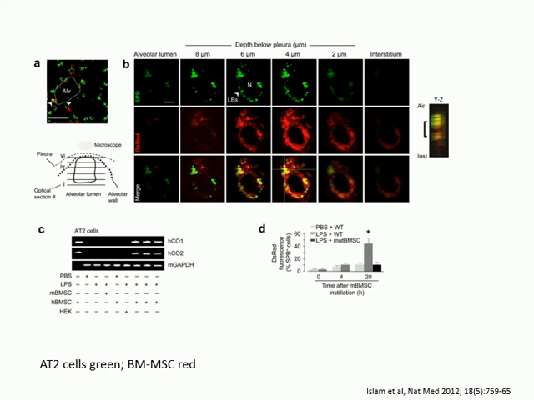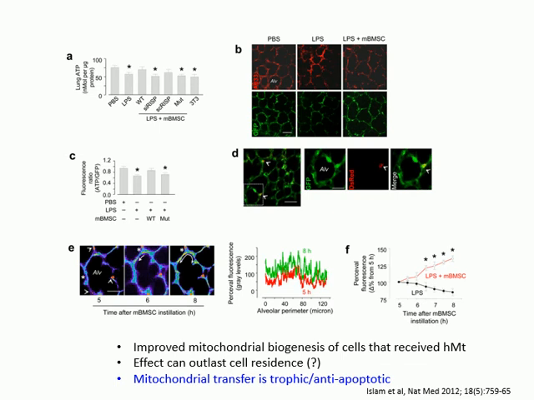Nonetheless, the mitochondrial traversing meant that the cells that were in the equivalent of the penumbra, the cells in danger of dying because of this LPS toxicity, increased their mitochondrial function, increased the production of ATP, and they were more likely to survive than untreated cells.